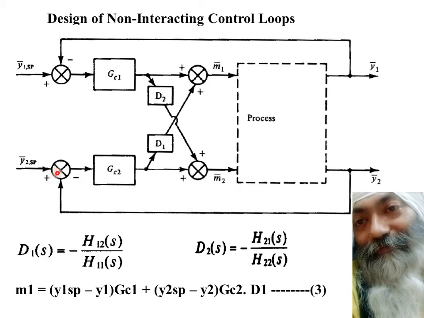The output of the controller is multiplied by gc2, and it's also multiplied by d1. These two terms are getting added, and after adding these two terms we have the final m1 available over here. We represent m1 by this equation, and we call this equation number 3.